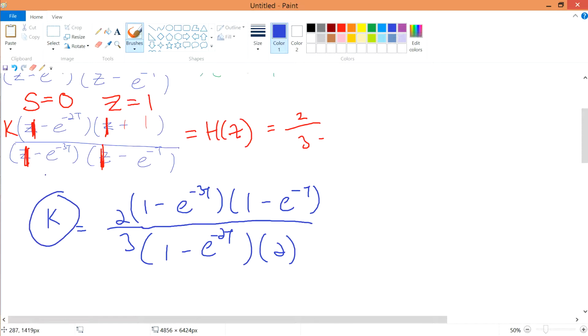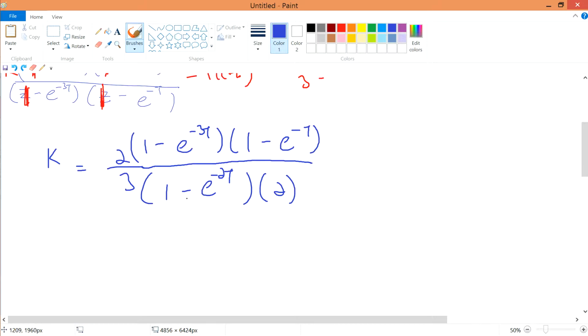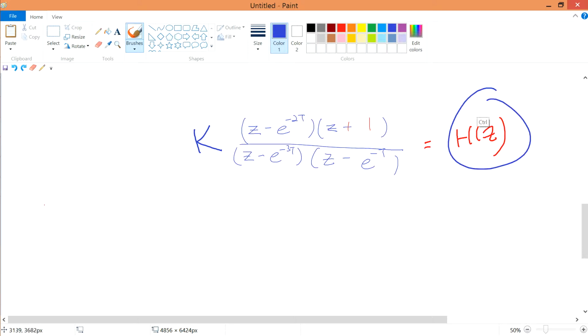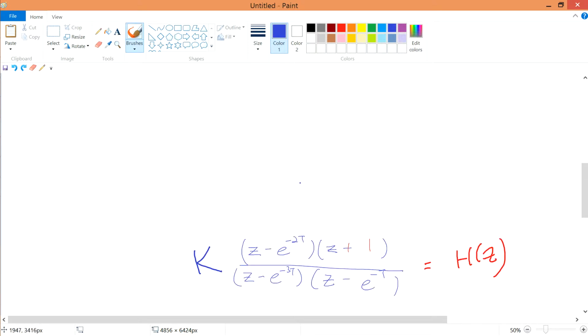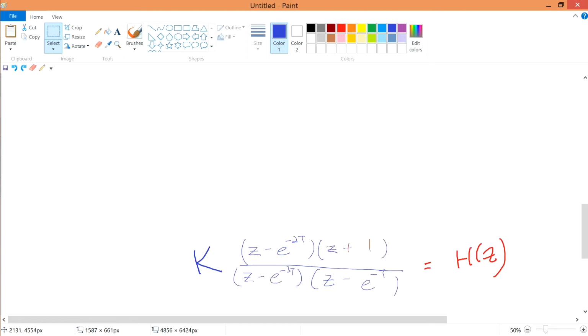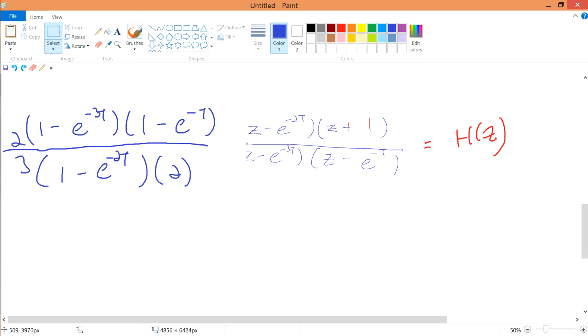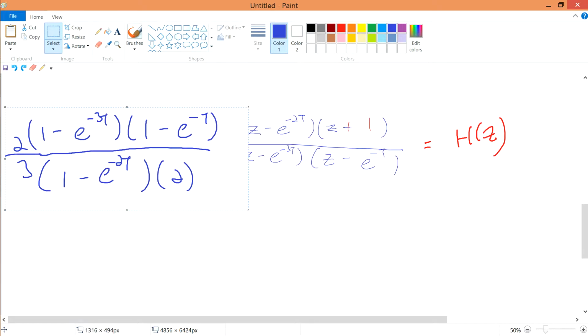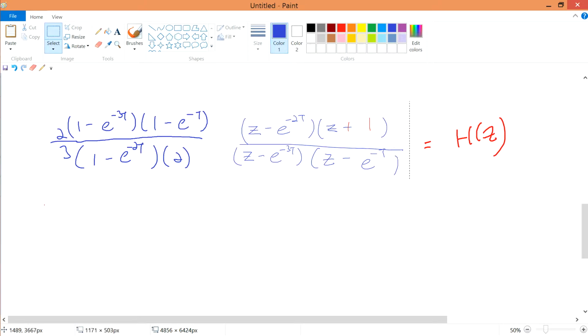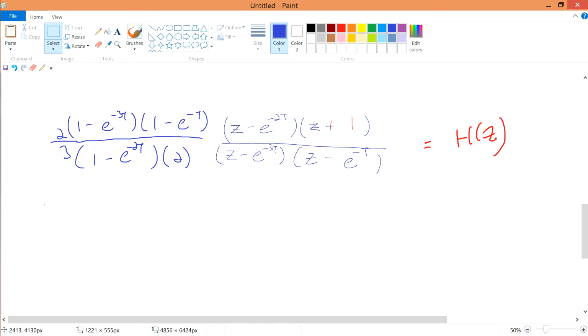So my k is equal to this one. Our initial transfer function is this one, and then we have a k, which is equal to your transfer function in the Z domain. Now since we know our k is equal to this form, I can simply bring it all the way to here. Wow, it's way too big. I'll crop it smaller. As you can see, then we have this already.